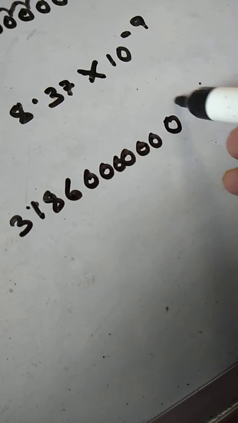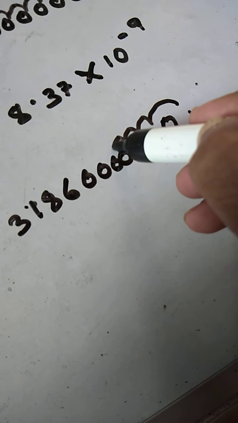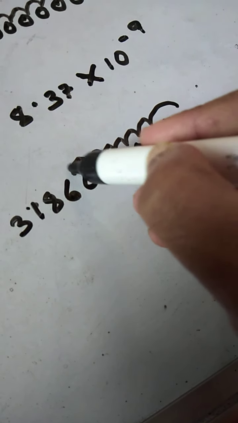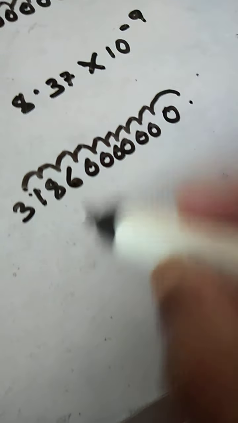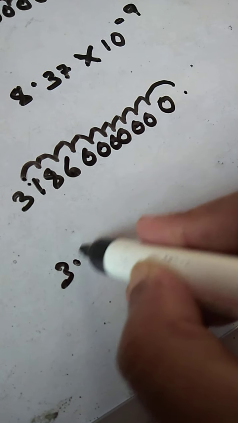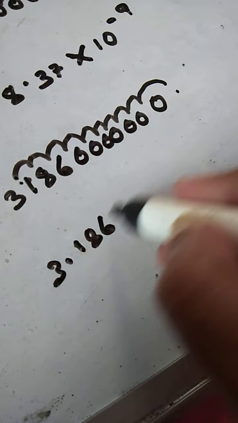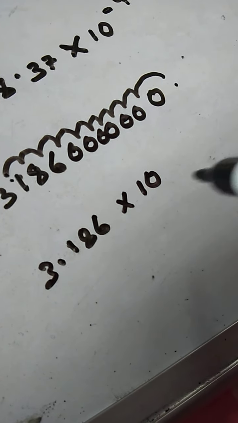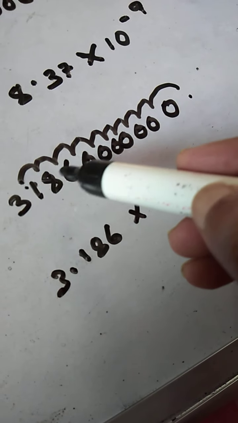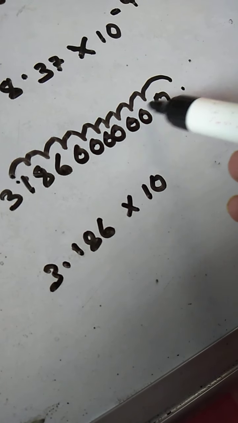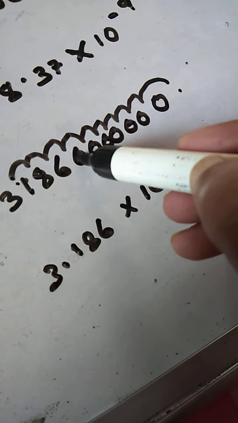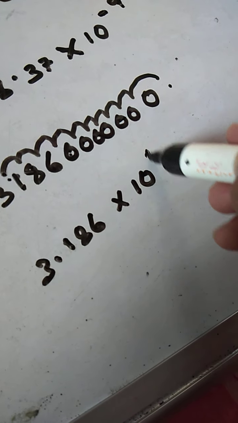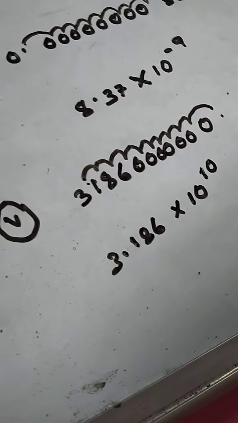Again we count: 1 2 3 4 5 6 7 8 9 10. So 3.186, and all the zeros would be written in the exponential form of 10. How many positions have we jumped? 1 2 3 4 5 6 7 8 9 10. So 10 to the power 10. This is the answer.